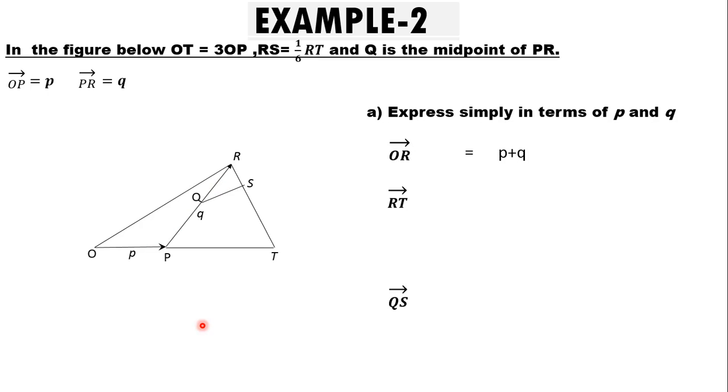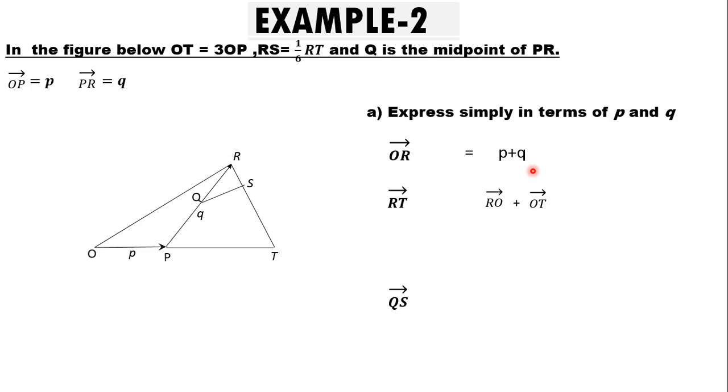Now students, the second vector is RT. RT is this line starting from R and ending at T. Now if you think of the two vectors making this, the RT vector is made of RO and OT. So we can write RT equals RO plus OT. We have already calculated OR in the previous part, which is P plus Q, and RO is the same vector but in the opposite direction.